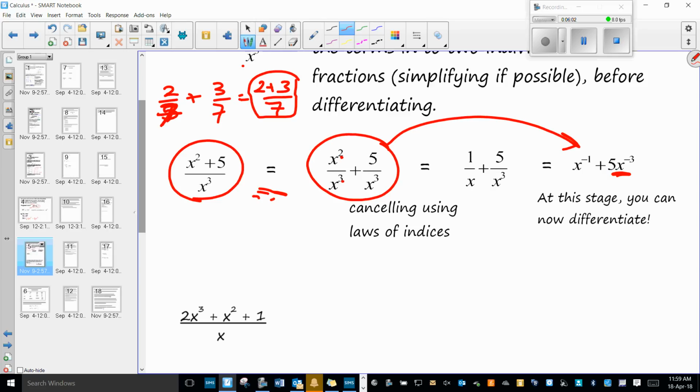So our derivative of that expression, therefore, would be what? -1x, yes. -2, yeah.